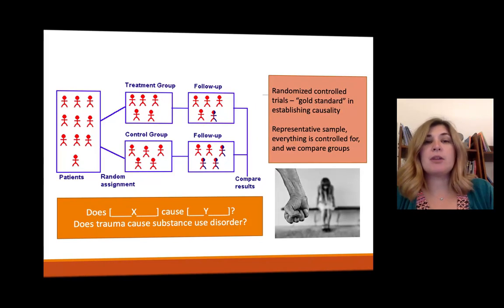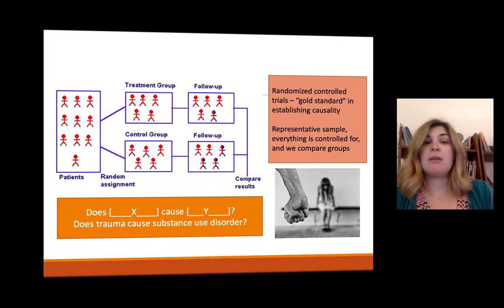So as you can see with the people, we have patients, a treatment group, and a control group. A treatment group is the group of individuals who we give the treatment to. So maybe it's a medication, maybe it's a specific type of therapy, a surgery, whatever. And then the control group is a group that is very similar to the individuals in the treatment group, but we do not give them the treatment.